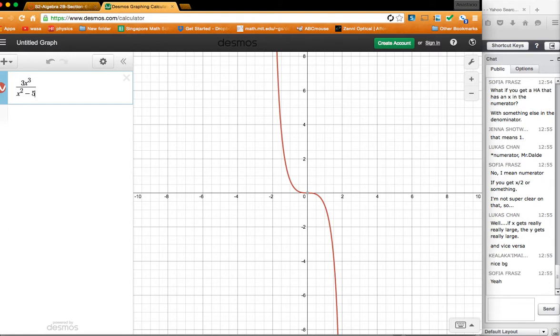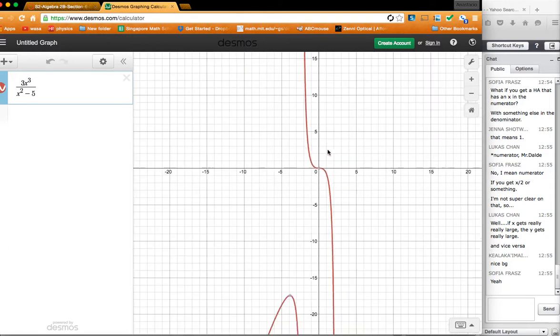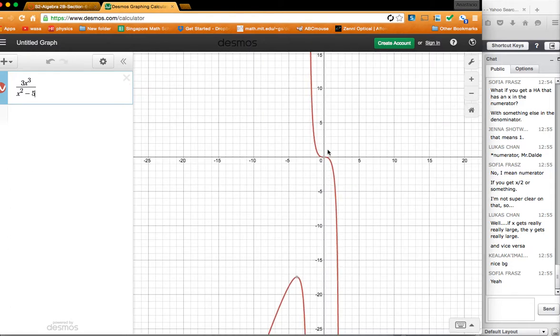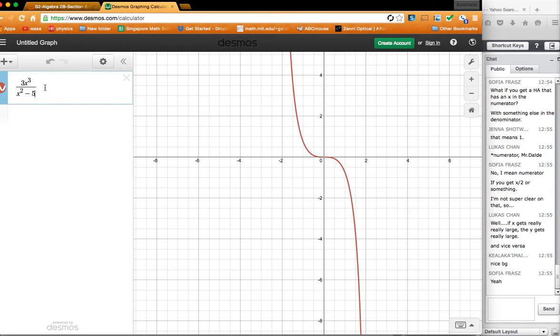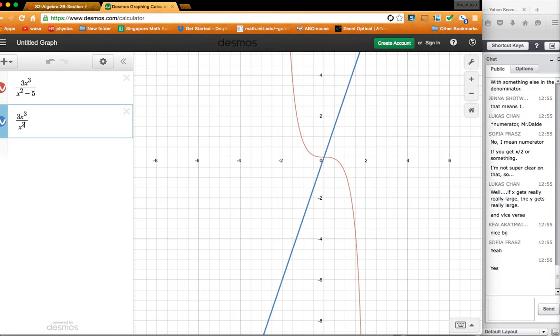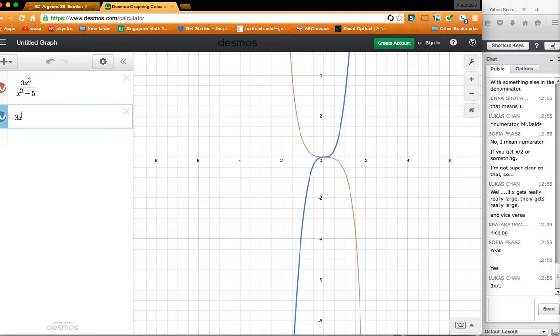Then what happens is, the way you can approximate this is 3x cubed divided by x squared, and we know to simplify that to basically be 3x, because there are 2 x's on the bottom. Yeah, 3x over 1, exactly. So I'm just going to write 3x.